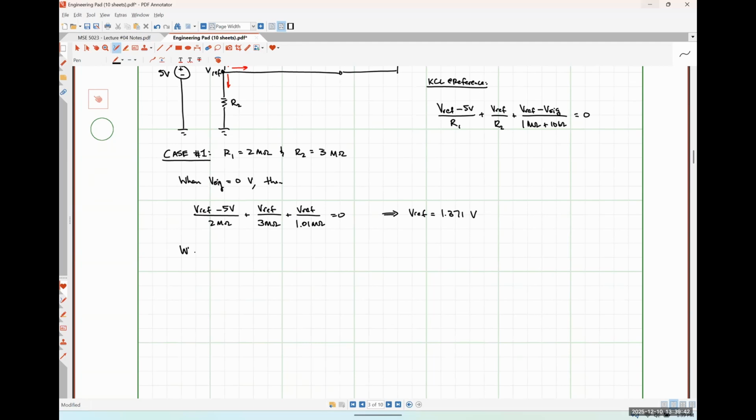Similarly, when V sig is equal to 5 volts, so this is the maximum value of our range, then we would have (Vref minus 5 volts) over 2 mega ohms plus Vref over 3 mega ohms plus (Vref minus 5 volts) over 1.01 mega ohms is equal to 0.